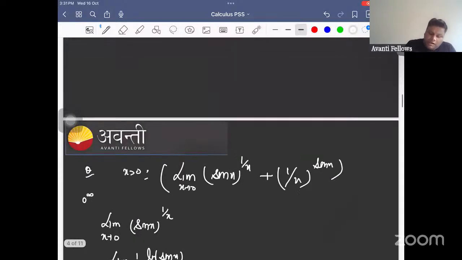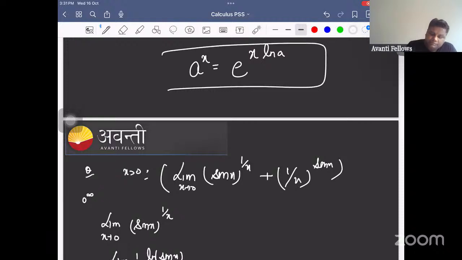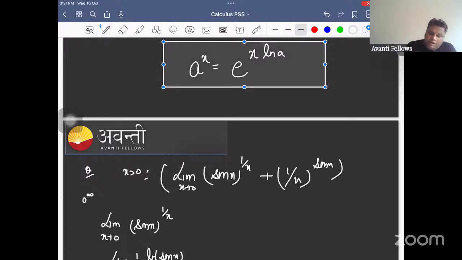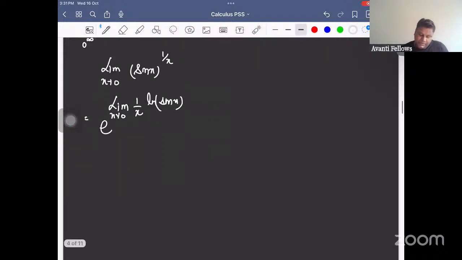What did I use? I used that a to the power x can be written as e to the power x ln a. So I wrote it like this. That is e to the power limit x approaches to 0, ln sin x upon x.